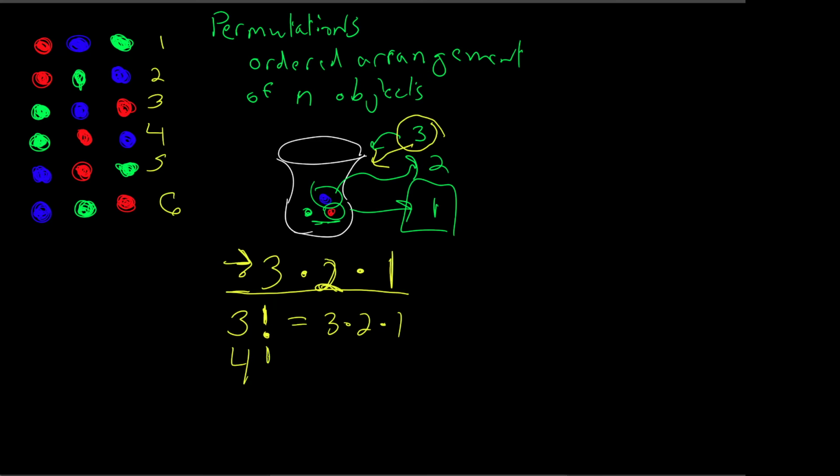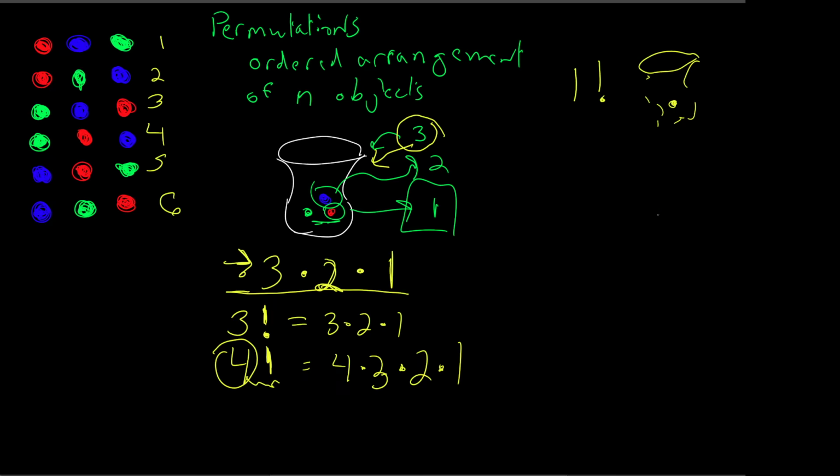3 factorial means 3 times 2 times 1. So 4 factorial would be 4 times 3 times 2 times 1. It's whatever this number is multiplied by every integer that comes before it. Now to make this work, we have to look at the base of it. If I have 1 factorial, I have one object in my urn, how many ways do I have for it to come out?